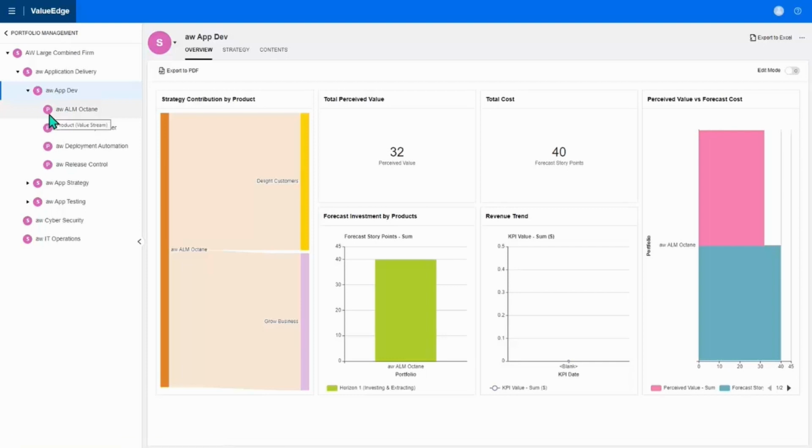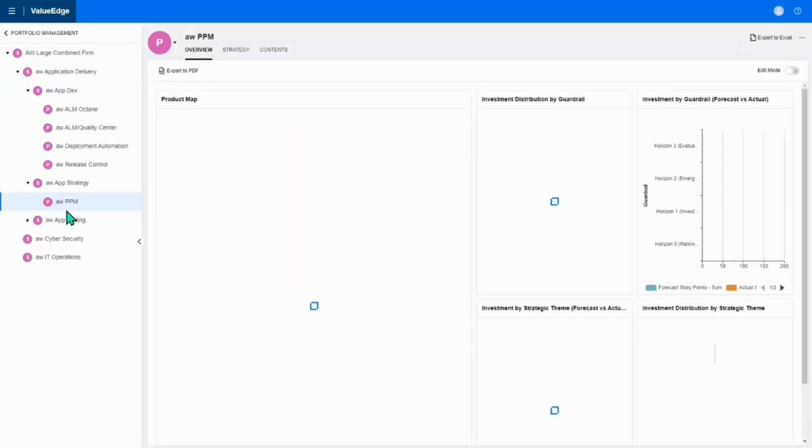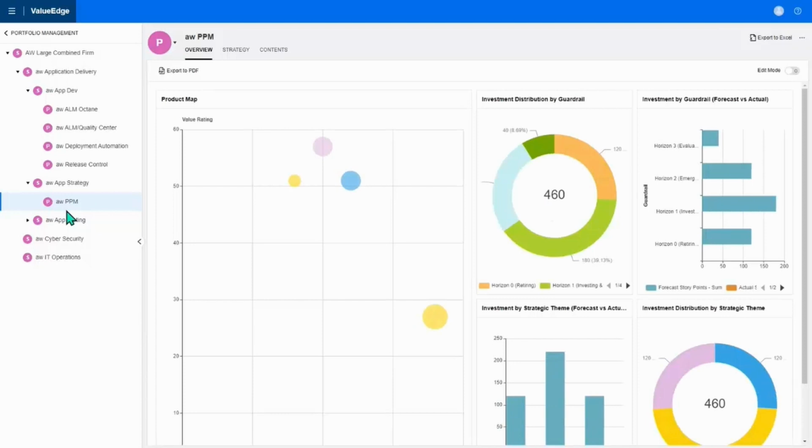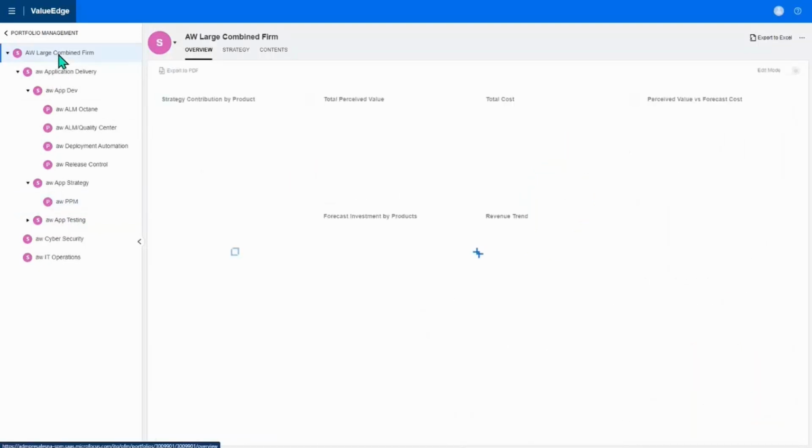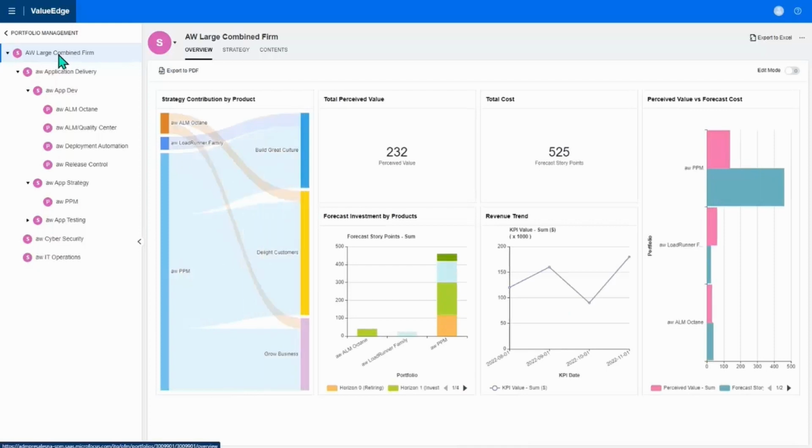As I hover over that, a product represents a value stream. So if we looked at the product here for PPM, you would see a set of dashboard elements that are aligned to a single product. And as I roll up in that context sensitive, if we go all the way back to the top, you'll see the widgets that will change, that will include now a consolidation of all of the information in that portfolio.